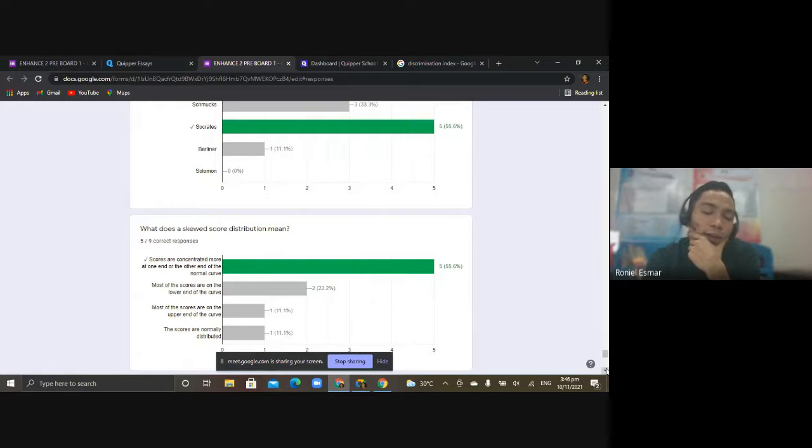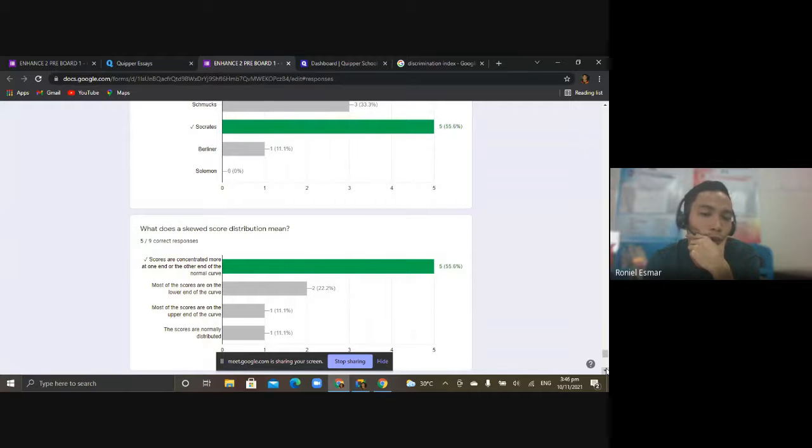If it's in the upper group, wherein students got high scores, there are more students there compared to the lower group. Or it could also be the other way around.